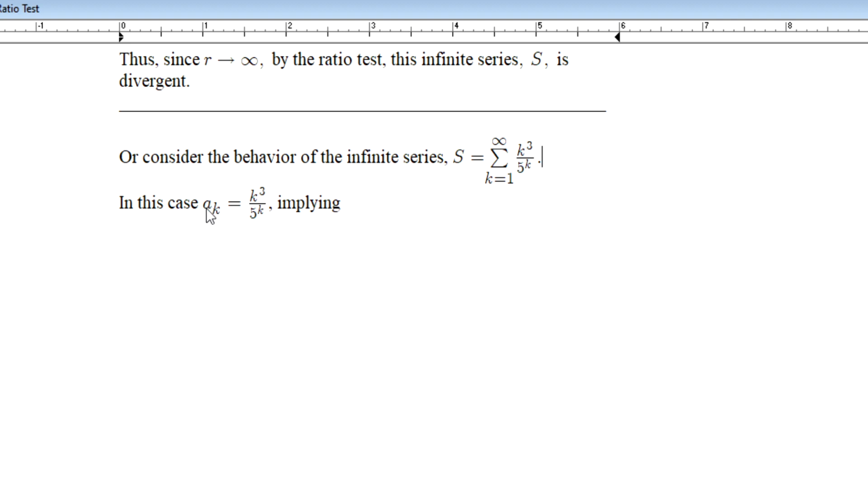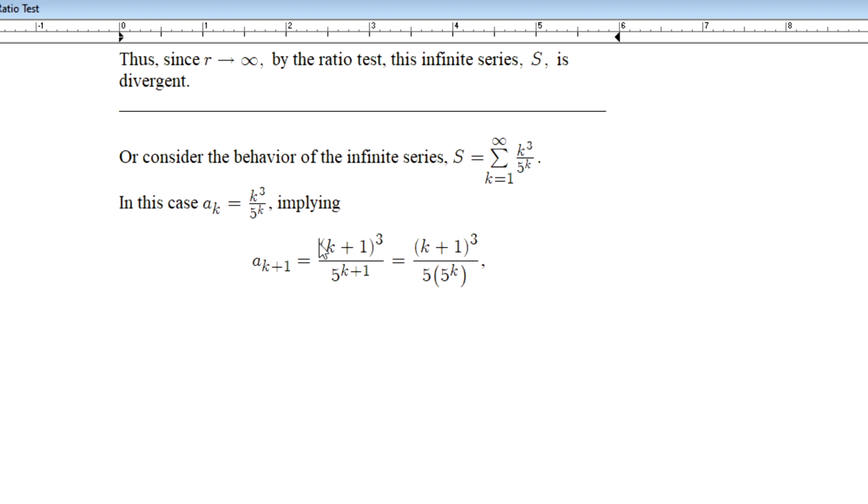The argument a sub k in this case is k cubed divided by 5 to the kth power. Implying, if we think about what is the value of a sub k plus 1, every value of k we see in the argument a sub k, this value of k being cubed, and this value of k playing the power on the power of 5, are going to get replaced with k plus 1 in power.